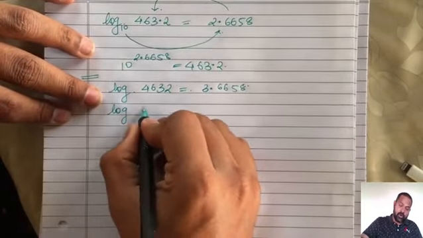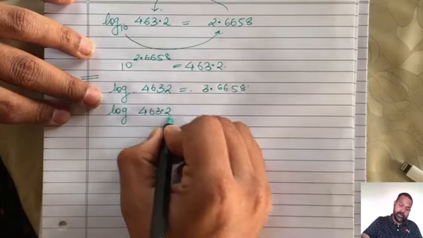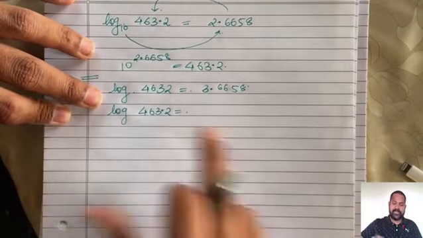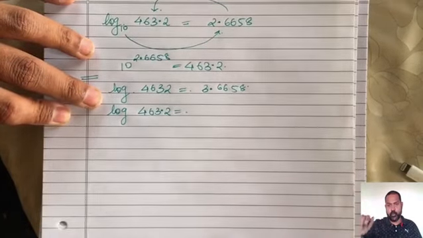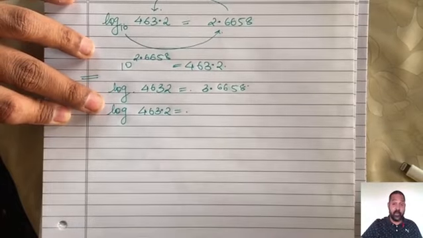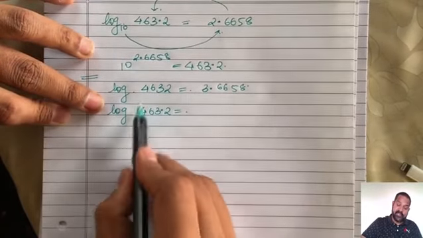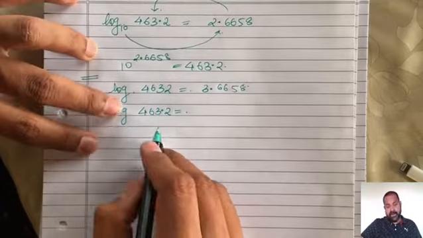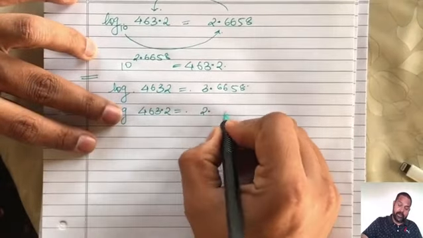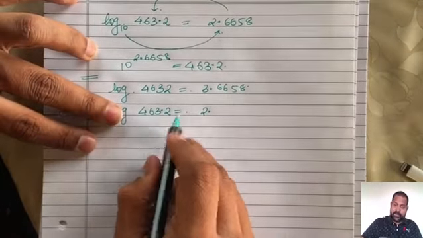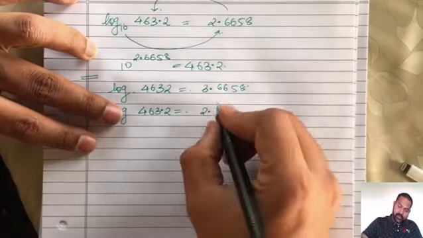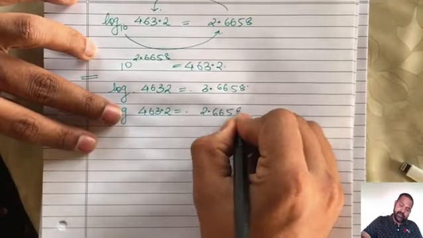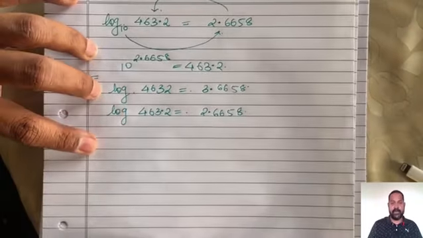What if I ask you the log of 463.2? How many places before the decimal? 3 places before the decimal. Minus 1 is 2 point. Without the decimal, the number is still the same. So the mantissa remains the same, which is 2.6658.